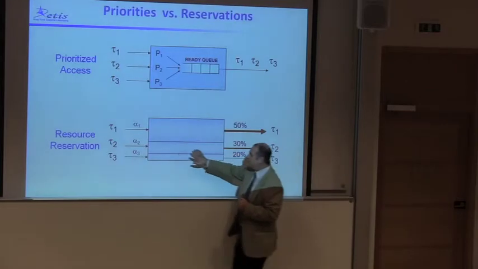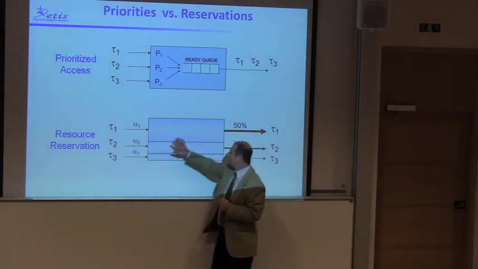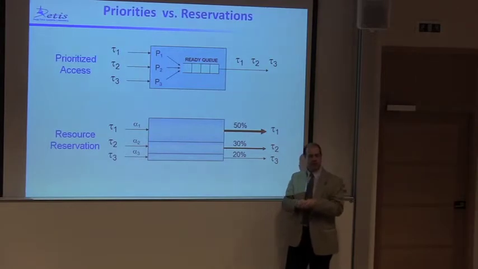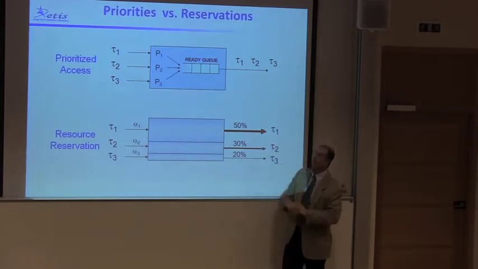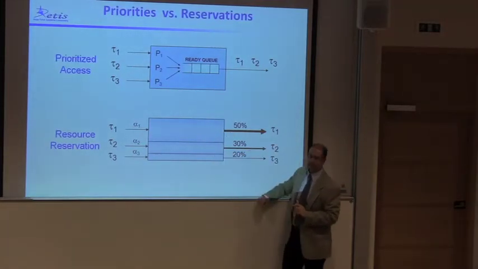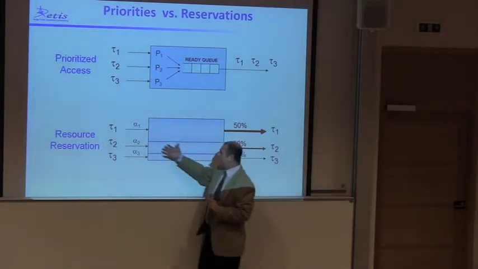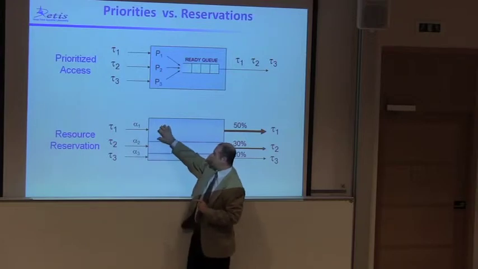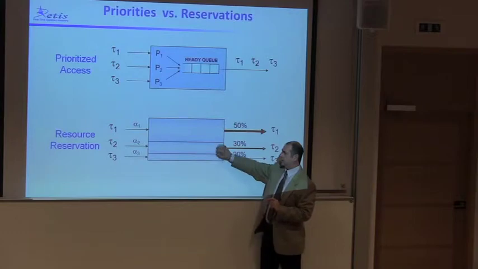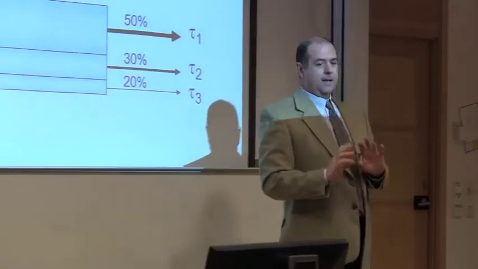But in the resource reservation approach, we don't think of competing on the same processor, but we partition the processor into different fractions. So for example, I allocate 50% of the processor to this task, 30% to this task, and 20% to this task.